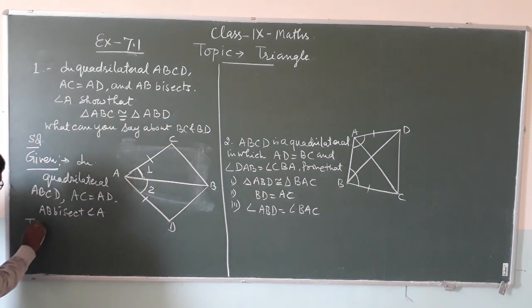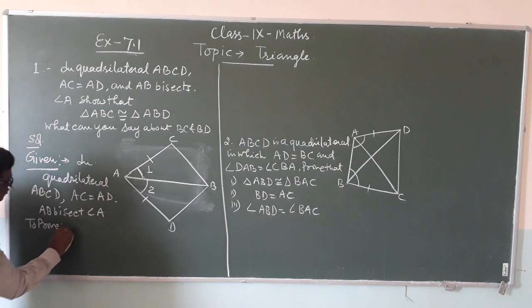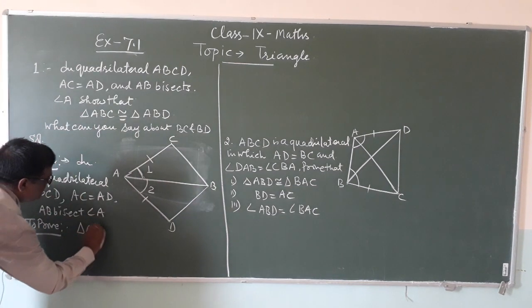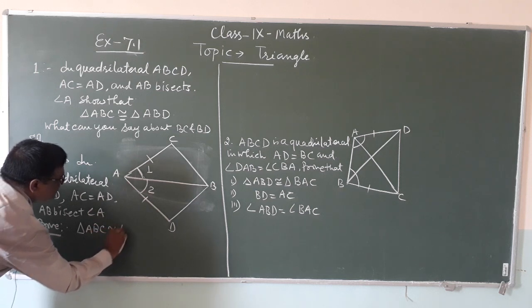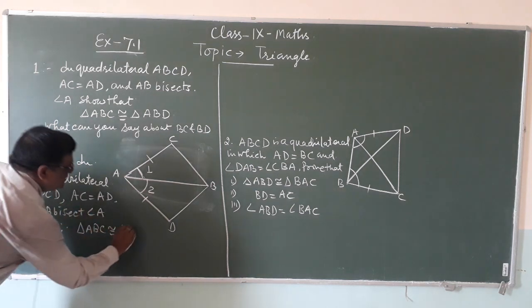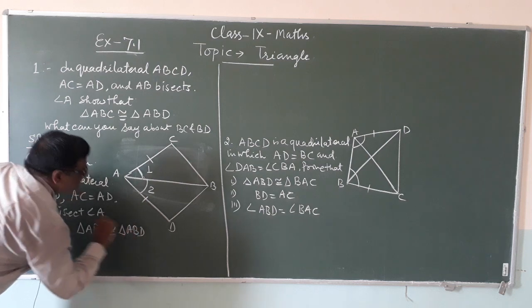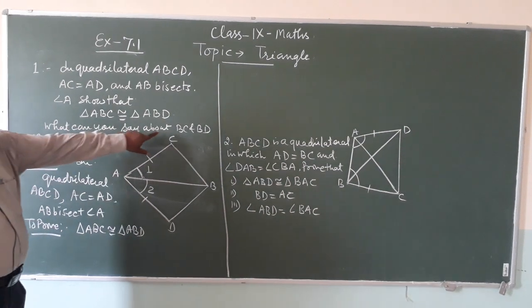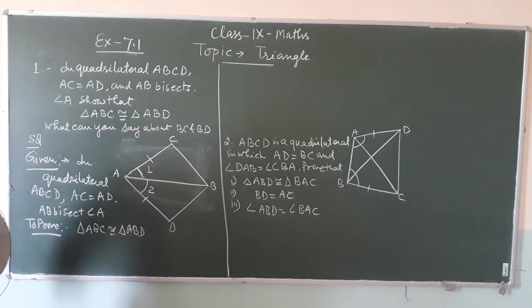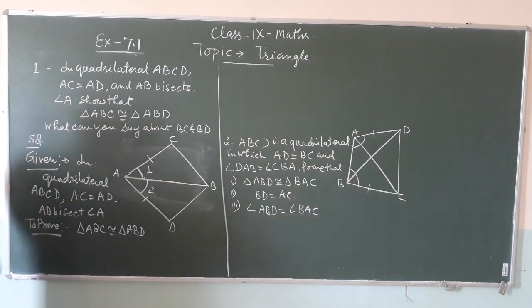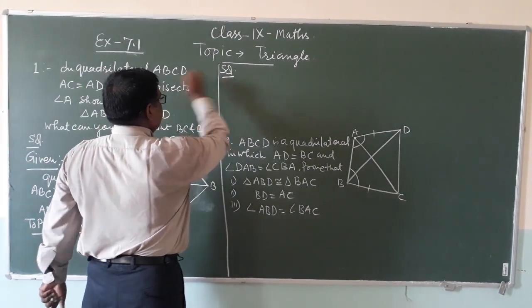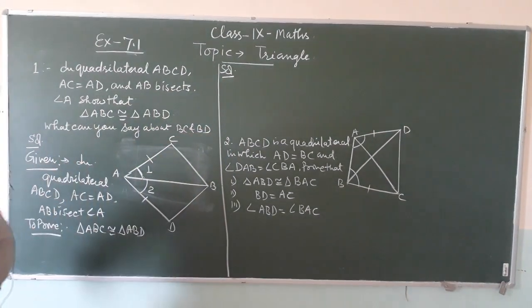To prove, or to show, triangle ABC is congruent to triangle ABD. And what can you say about BC and BD? So first of all, write the solution.